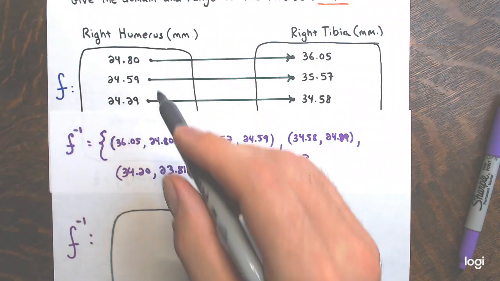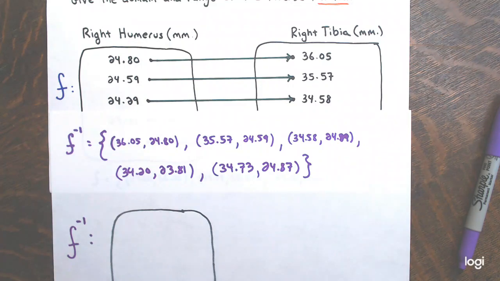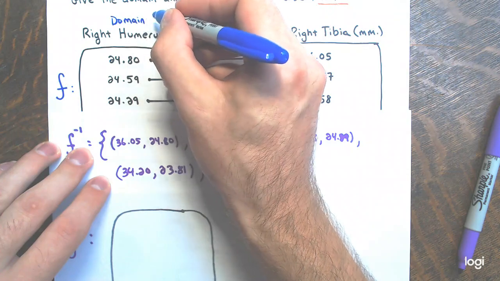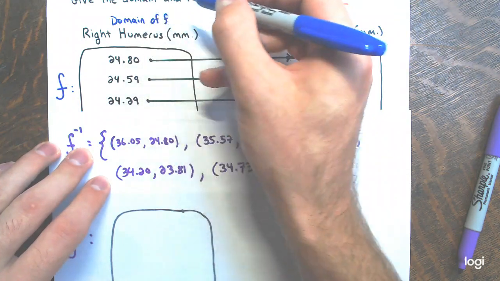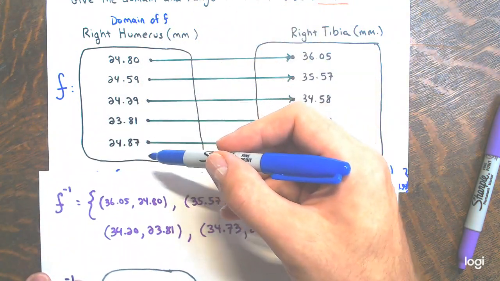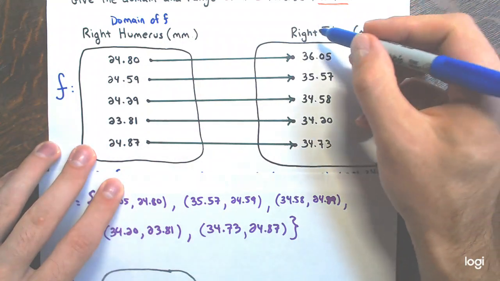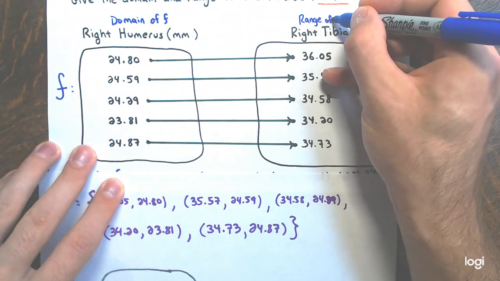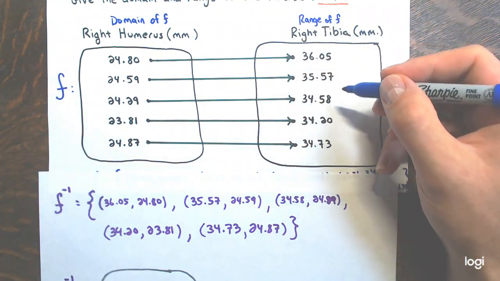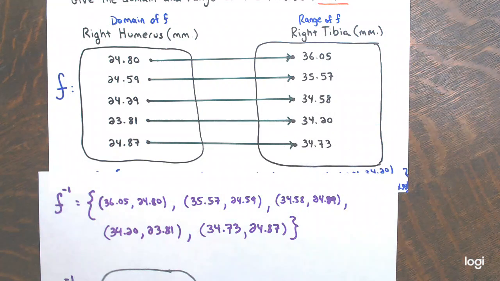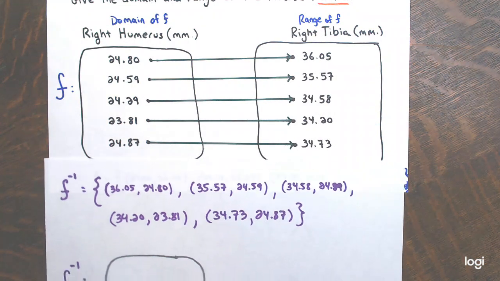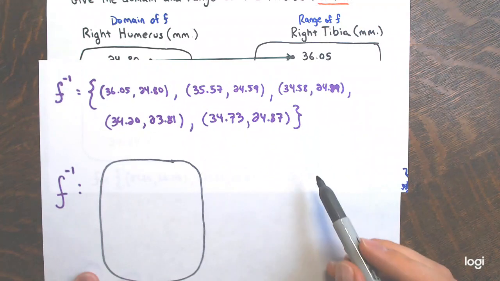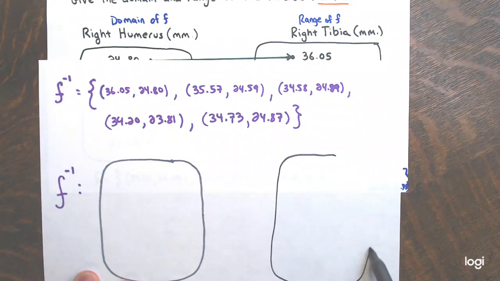Remember, this is the domain up here for the original function. These right humerus lengths, 24.80 down to 24.87, are the domain of F. The right tibia lengths were the range of F. Now when I do the inverse, I'll draw again these couple boxes representing my inputs and outputs.